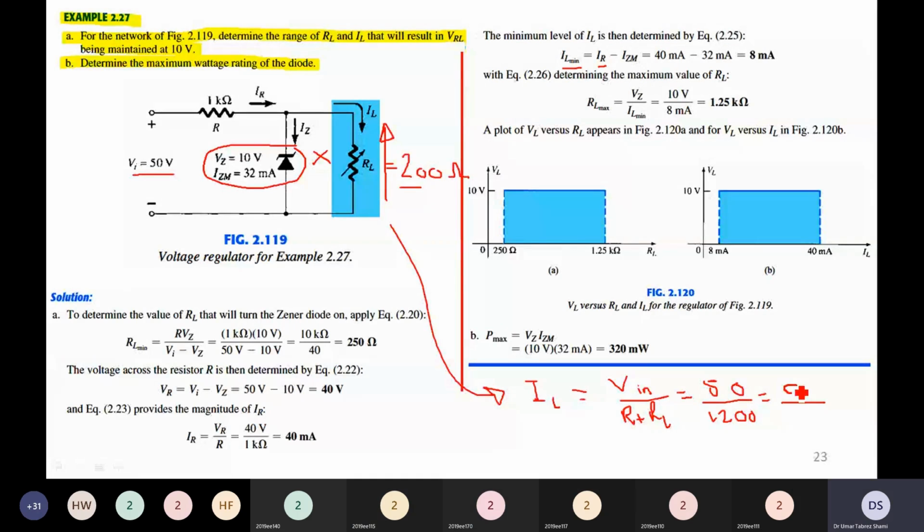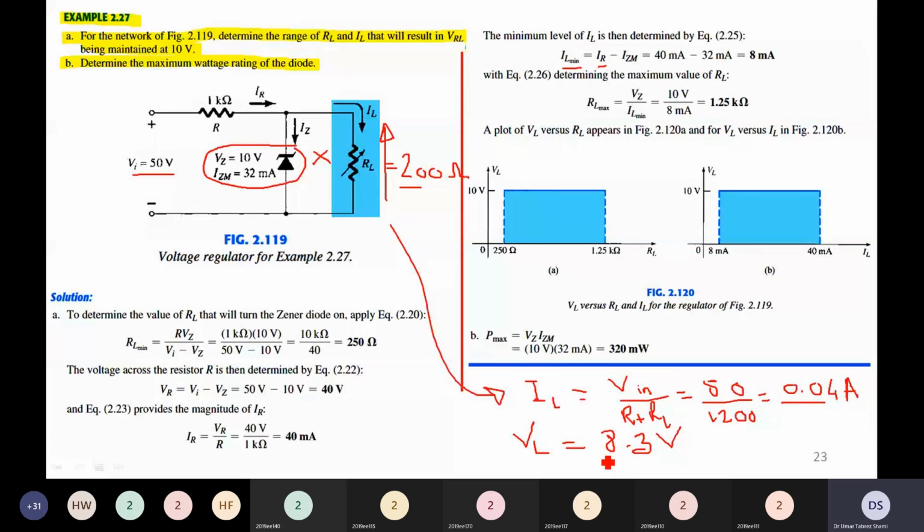This current is equal to 0.04 ampere. Now let us multiply this 0.04 ampere with 200 ohms of our RL. We get the voltage of the load, which is equal to 0.04 ampere multiplied by 200, which is equal to 8.3 volts.